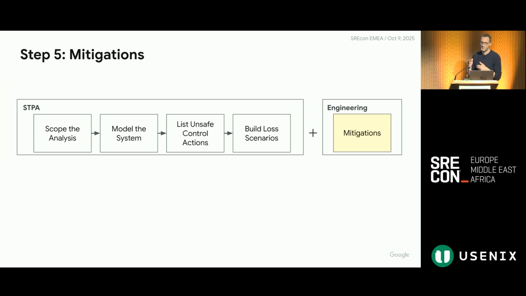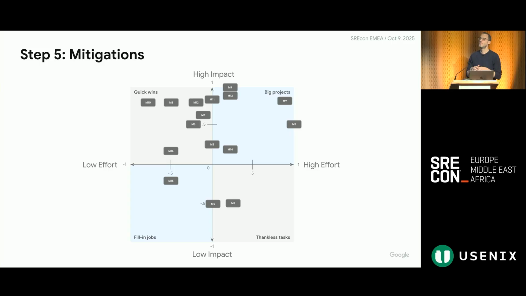Often we find that there are patterns in these scenarios where a single mitigation will have a huge return on investment, preventing an entire class of incidents. And there are many, many ways of prioritizing the mitigations. This is just an example in which we plot the mitigations across four quadrants according to the impact they have on reducing the severity of the scenarios and the cost of implementing those mitigations.